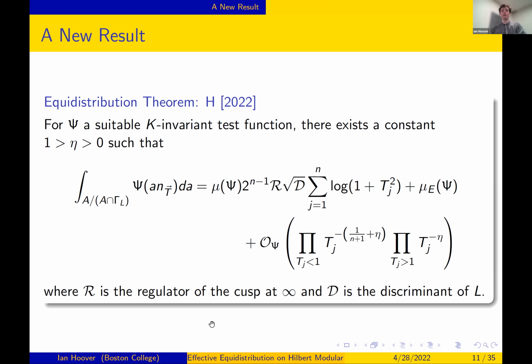Then we have scaling factors and then our error terms. Some key distinctions between this and the one-dimensional case, the n equals 1 case, is that we have n shearing parameters, or n translation parameters, the t sub j.